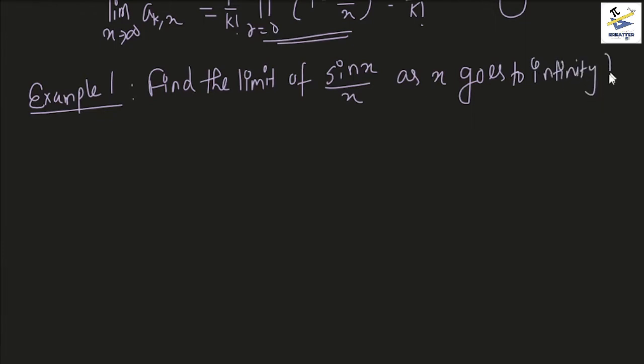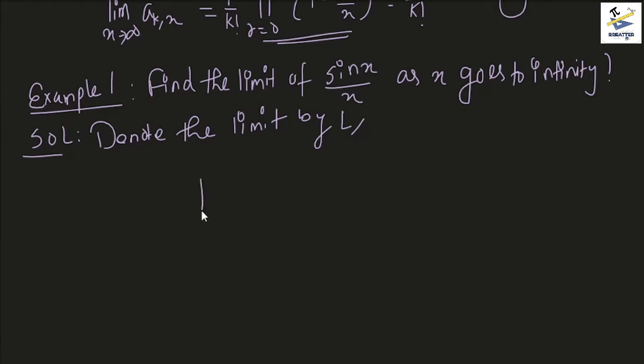So basically what we are asking to find is, we can denote the limit by L, and L would be equal to the limit as x tends to infinity of sine of x by x.